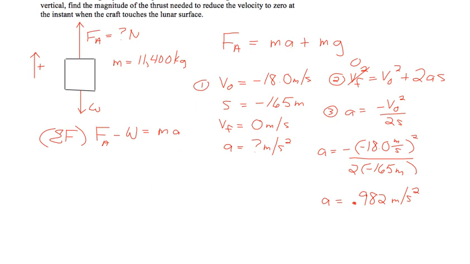So I'll do it over here. FA is going to equal MA plus MG. So the M is 11,400 kilograms. Goes there and there.